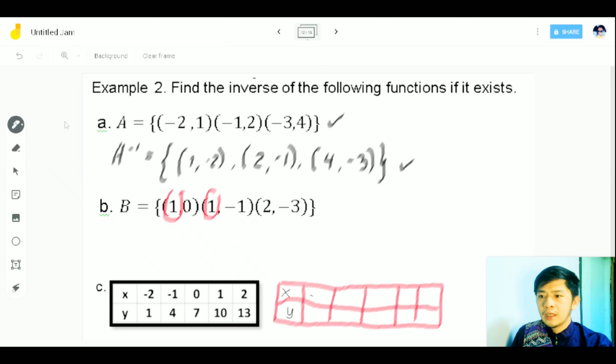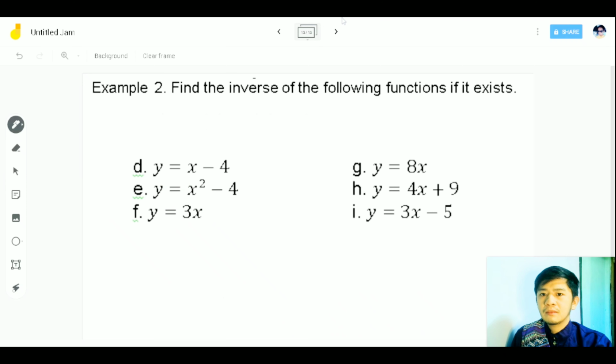So this will be your 1, 4, 7, 10, 13. And all of the x value will become your y value. That is negative 2, negative 1, 0, 1, and 2. This is now the inverse of the given function here.